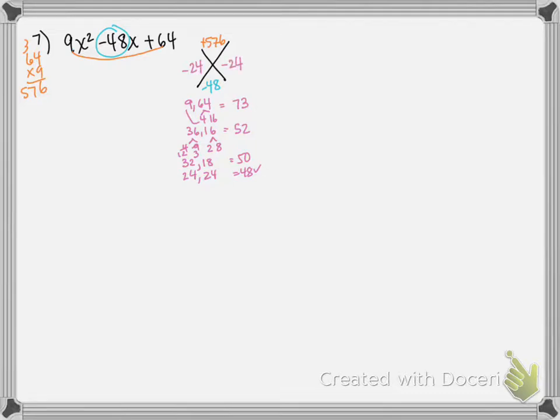Now notice what happens when I substitute this in. This pattern showed up before. So when we have super large numbers, it gets harder.